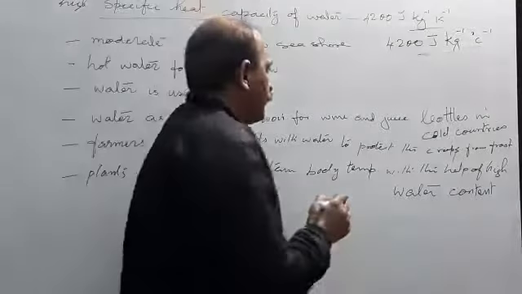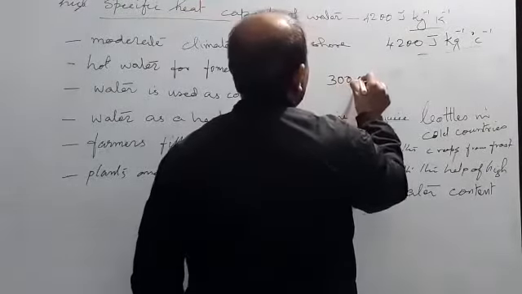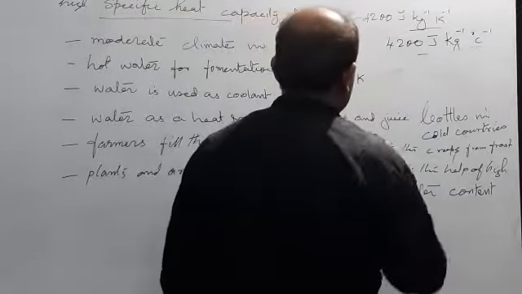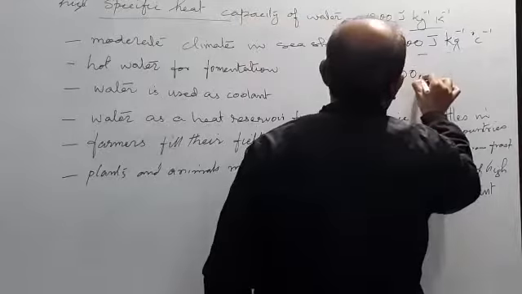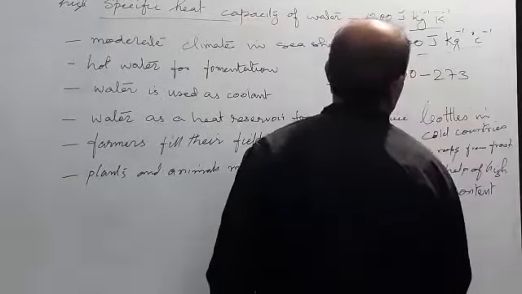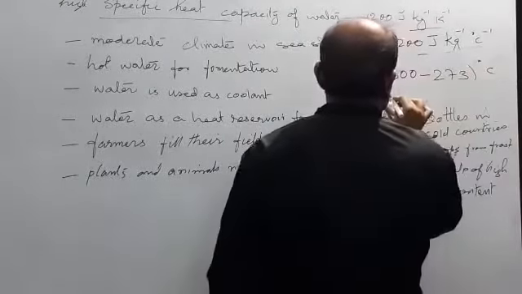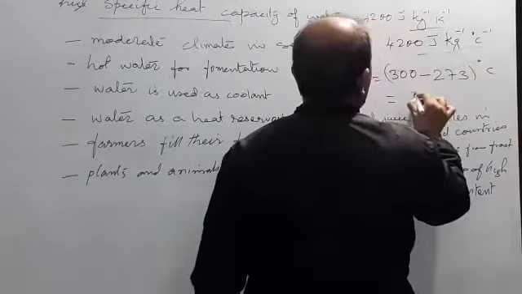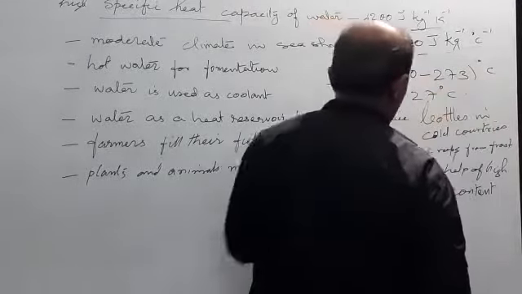For example, if we have a temperature 300 Kelvin, it is equal to 300 minus 273 degree Celsius, it is equal to 27 degree Celsius. Okay.